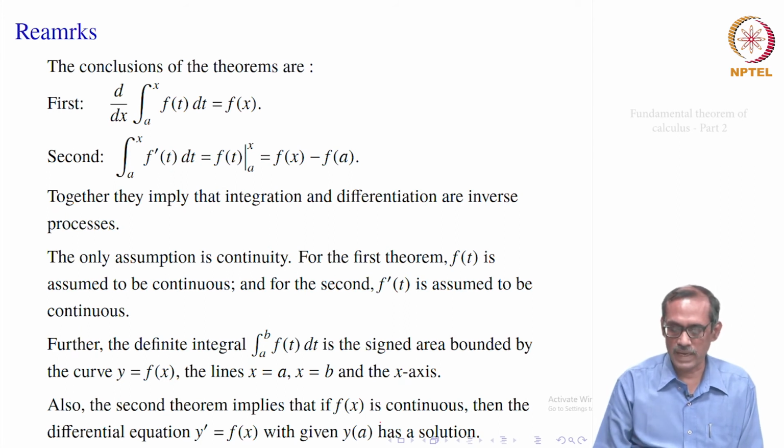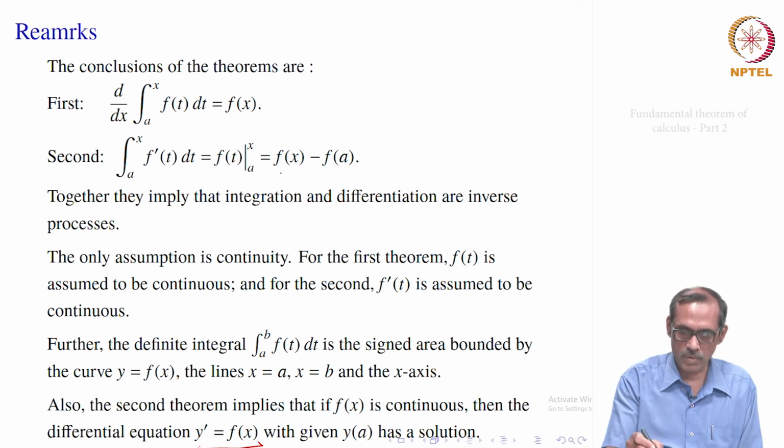The second theorem again implies that if f(x) is continuous, then the differential equation y prime equal to f(x) with given y(a) has a solution. What does that mean? If you start with y prime equal to f(x), you want to find one function y such that its derivative will be f of x.